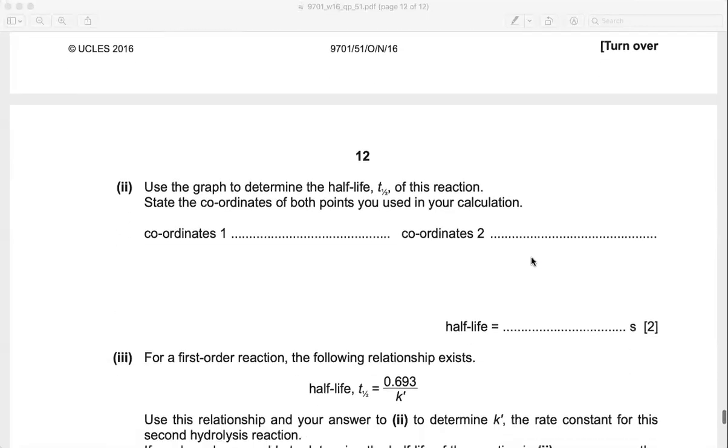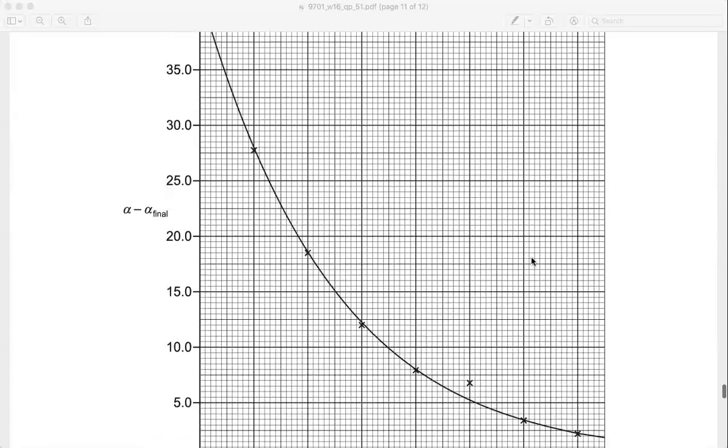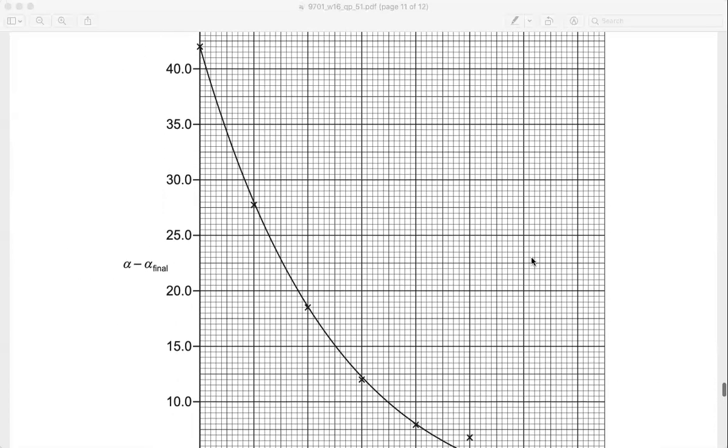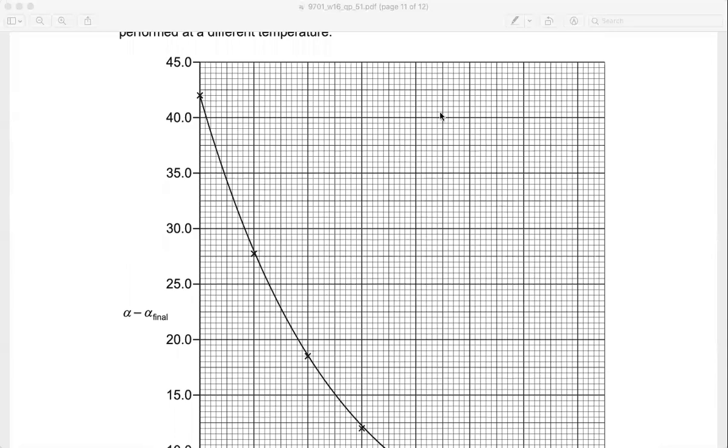Moving on. Use the graph to determine the half-life, t half, of this reaction. State the coordinates of both points used in your calculation. Okay, half-life, or t half, is the time taken for the concentration to drop by half. Okay, so the first coordinate that you should take is this one. That's your starting point. Of course, you would take that.